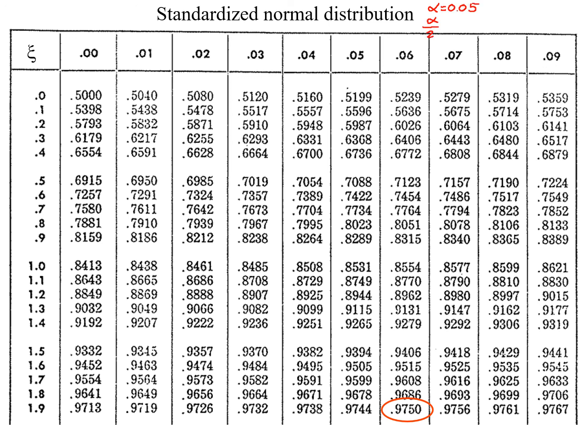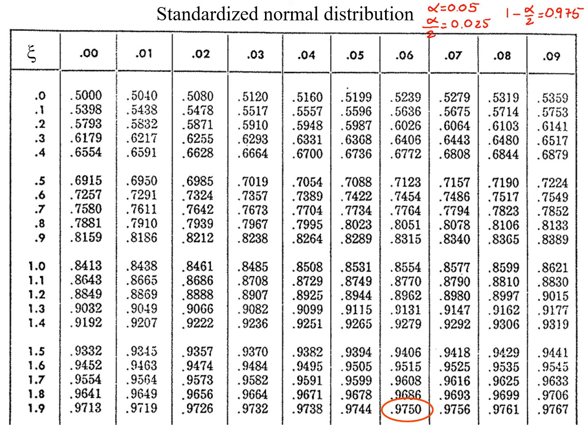Alpha over 2 equals 0.025. 1 minus alpha over 2 equals 0.975, right? So this is the value that we want to get.